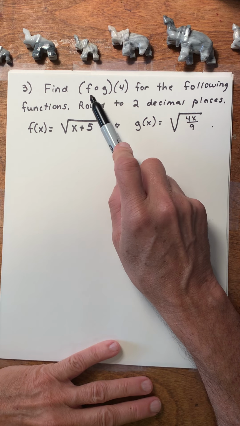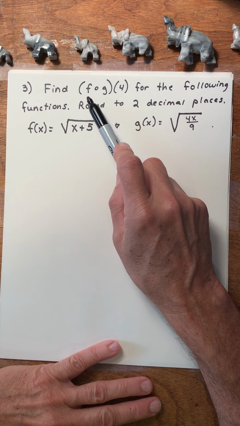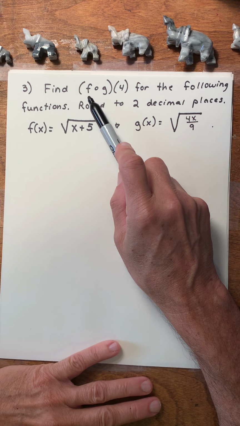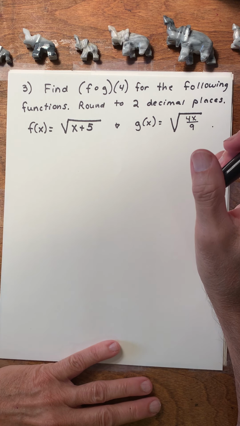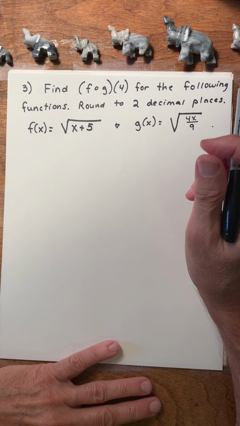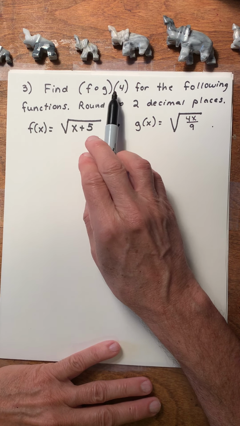F of g of x is the, I can't think of what it's called. Sorry about this. Oh, it's not coming to me. Composition of functions. Thank you very much. Composition of functions. F composed with g.